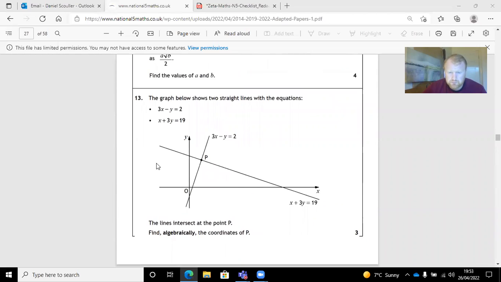This one might throw you a wee bit. Have a go at it. Okay, so simultaneous equations here. Have a go and try and find the intersection. Okay, so this can be done with simultaneous equations.